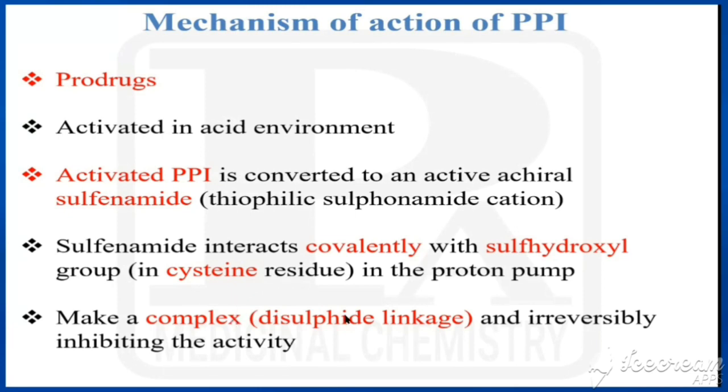What is the name of the complex? It is called a disulfide linkage, and it irreversibly inhibits the activity of the proton pump. So there is irreversible inactivation of the proton pump, counter transport of H+ and K+ ions through the proton pump is blocked, and finally there is no secretion of H+ ions by the parietal cells.